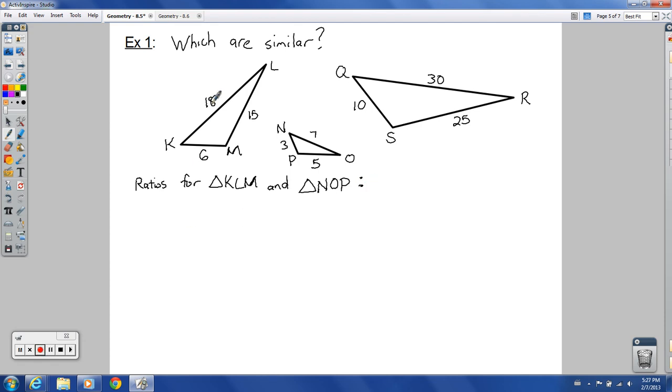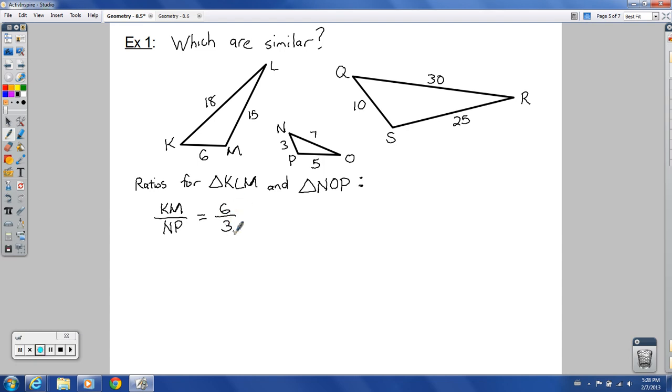So compare longest to longest. Compare longest side here to longest side here. That would be KM. I'm actually comparing shortest. Let's compare shortest to shortest. So KM to NP. You could compare longest to longest first if you wanted to. You could compare middle to middle first if you wanted to, but I'm just going to keep it consistent with what I had before.